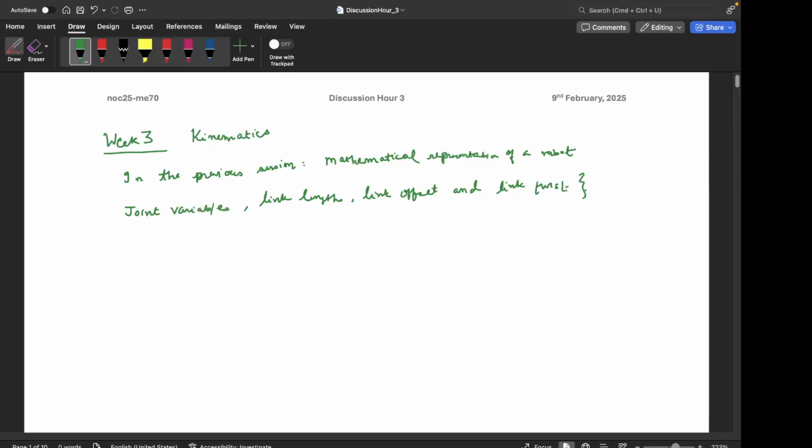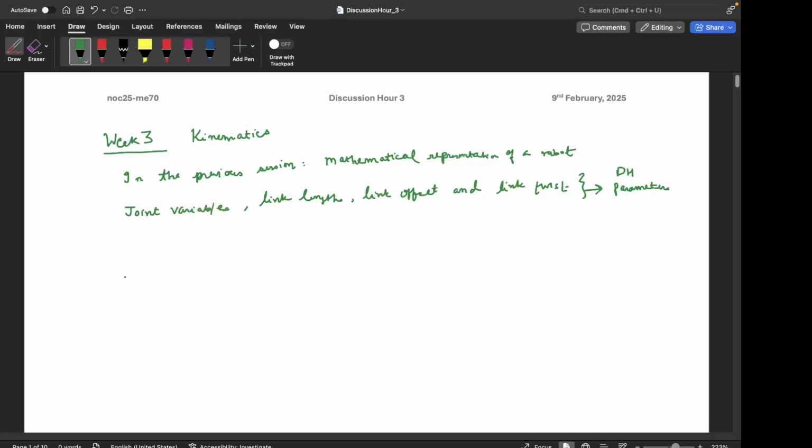These four things we listed under the name DH parameters, right? And what we'll see today is how to exploit these DH parameters to express the kinematics of our robot.